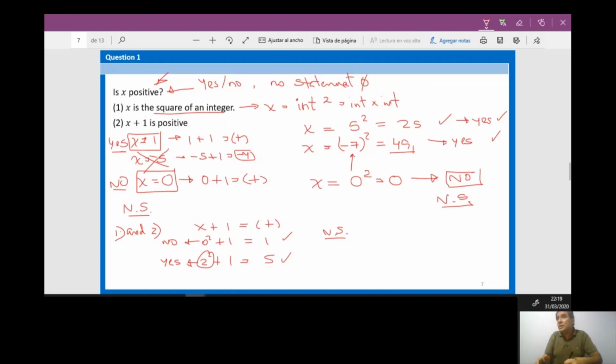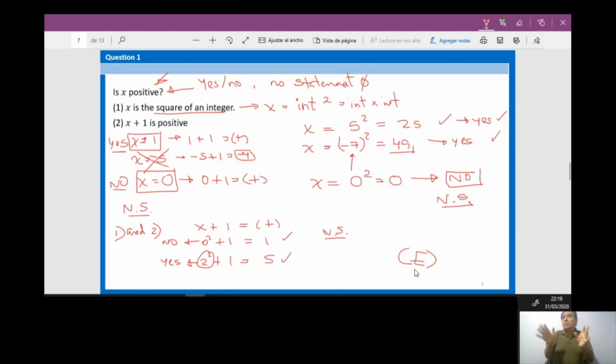Why? Because the existence of a common value that changes the answer to the question in two statements at the same time means that combining the statements, you won't get it differently. The same common value, that is 0, will make the two statements also be insufficient.